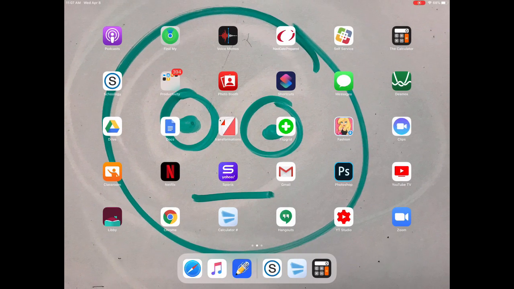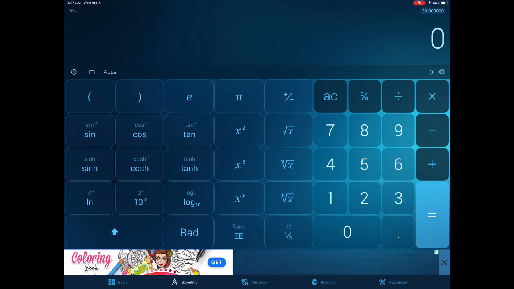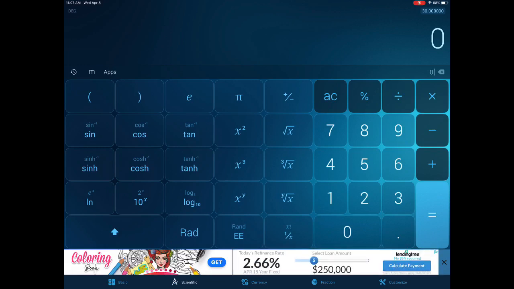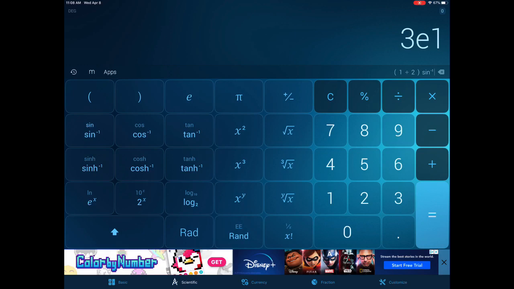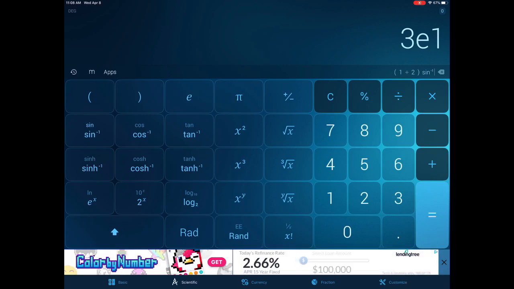And here's what that looks like. To get to arc sine, you're going to click the arrow that points up. In this calculator, you actually type in the 1/2 first. So we'll go ahead and do 1/2, and then you hit the arc sine button. Now, when you do that, you get kind of a funky answer. They want to give this to you in scientific notation for some reason. 3 times 10 to the first is what this means. 3 times 10 to the first is just 3 times 10, or 30.